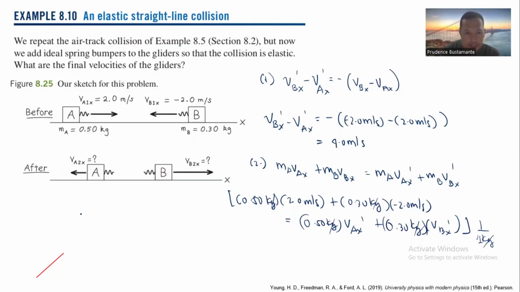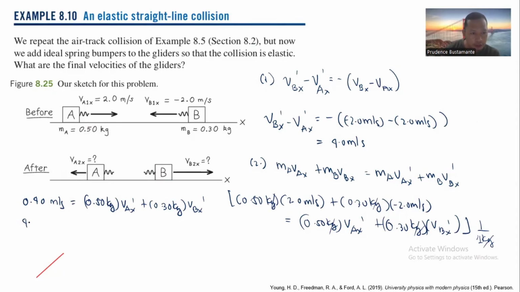So this left-hand side is 0.40 meters per second, which is equal to 0.50 VAX prime plus 0.30 VBX prime.